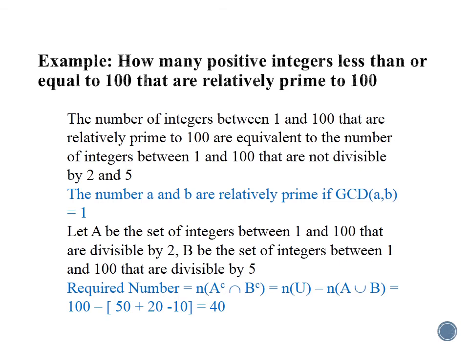Now let A be the set of integers between 1 and 100 that are divisible by 2, and B the set of integers between 1 and 100 that are divisible by 5. Now we want the cardinality of A complement intersection B complement. That is the cardinality of universal set minus cardinality of A union B. When we apply the principle of inclusion and exclusion, we get the answer as 40.